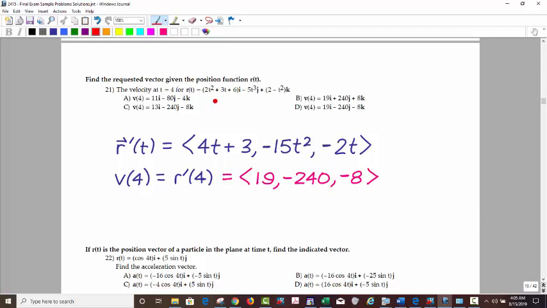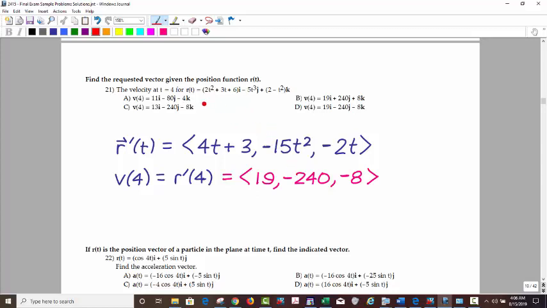Alright, this one's pretty easy. The derivative then will be 4t plus 3. Second term will be negative 15t squared. And then 2 minus t squared will be negative 2t. And let's just plug 4 in there. 4 times 4 plus 3 is 19.